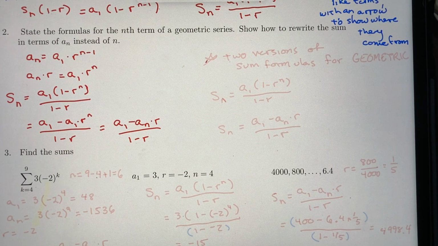So just like with arithmetic, where we have two sum formulas, we have two versions for the geometric.